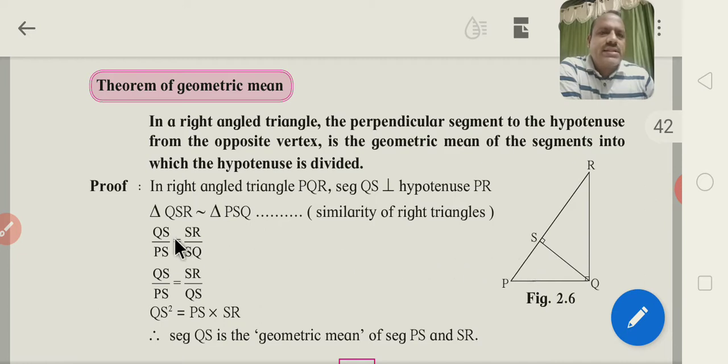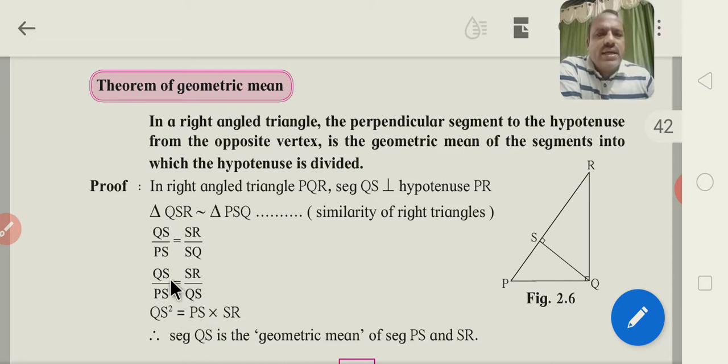Then its sides also are proportional: QS upon PS is equal to SR upon SQ, and we can write SQ as QS. Hence the next step is QS upon PS is equal to SR upon QS.